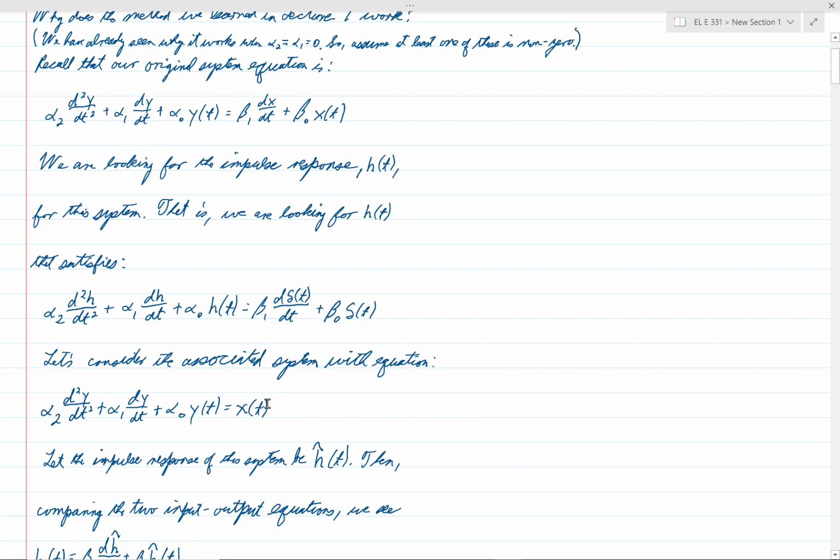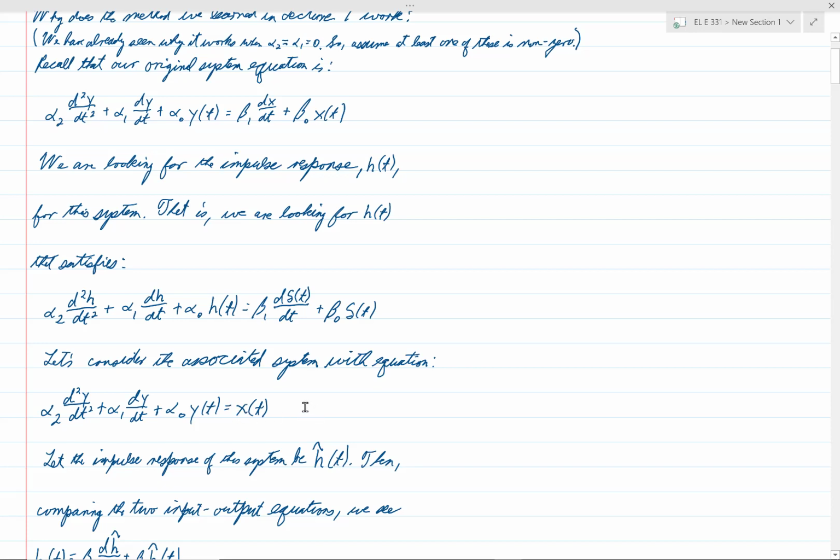Notice that this associated system has an input-output equation that is exactly the same on the left-hand side. But the difference is that instead of this complicated-looking expression on the right-hand side, beta 1 dx/dt plus beta naught x of t, all we have is x of t for this associated system.